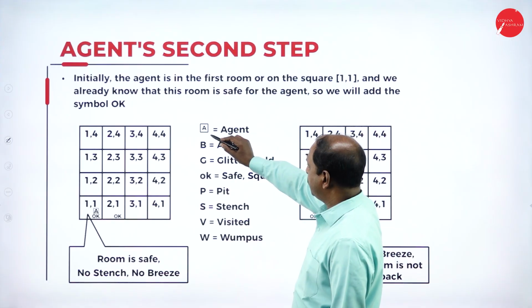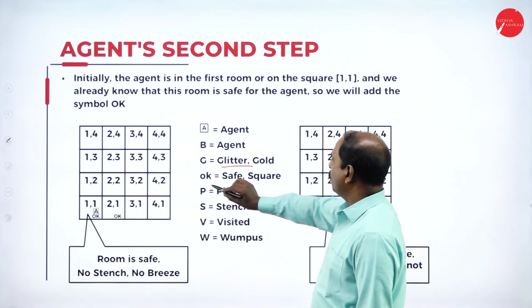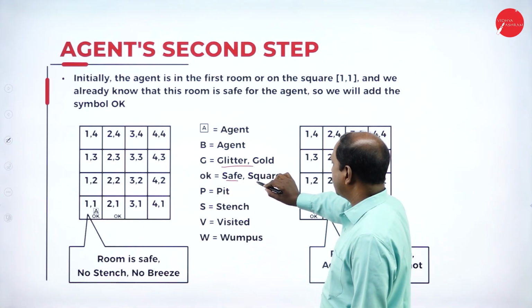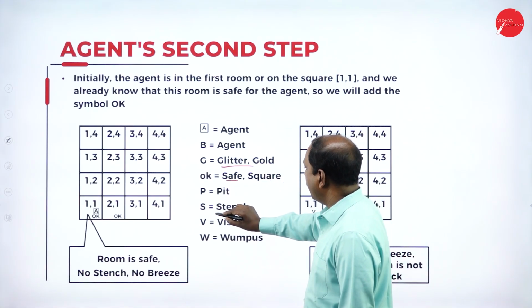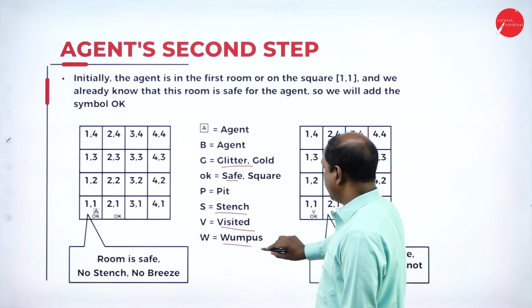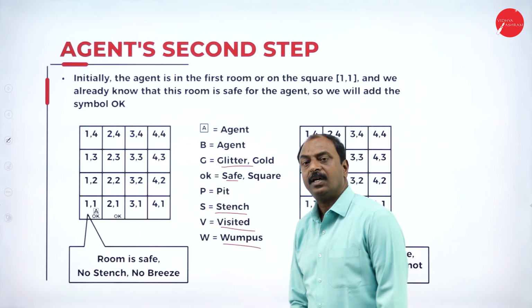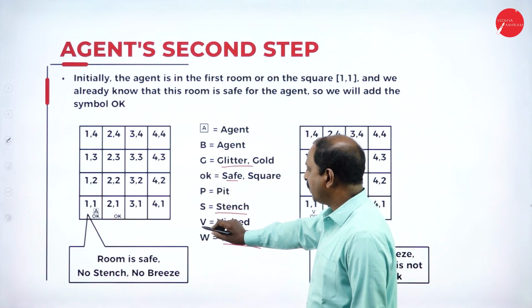A stands for the agent, G is glittering or gold, OK stands for a safe place for the agent, P for pit, S for stench, V is visited, and W for wumpus. Visited means the boxes or places the agent has visited, which we represent with V.